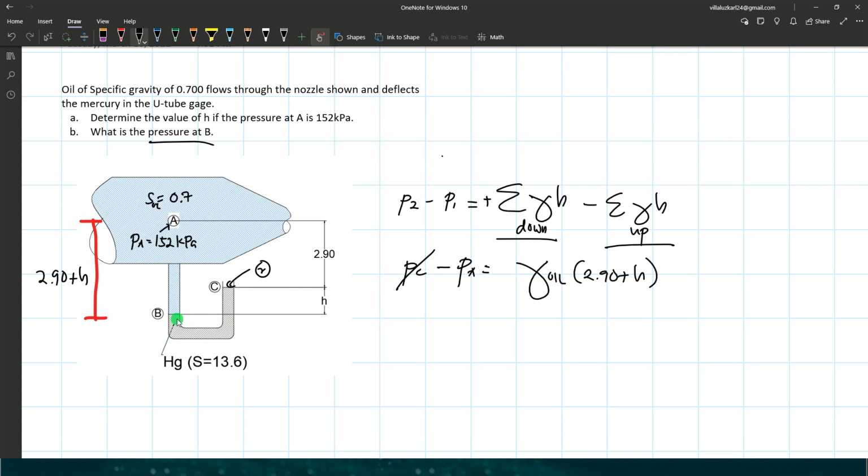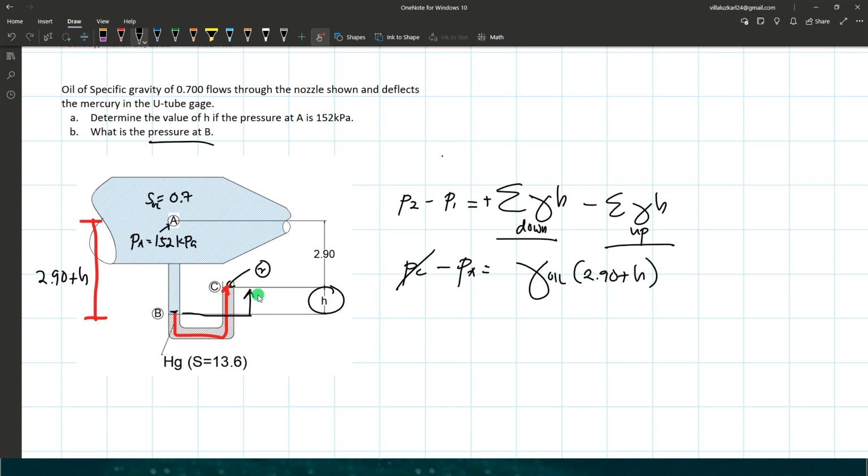From point B going to point C, we have a difference in elevation between the starting point of the mercury and the end point of the mercury at point C. Just take the difference in elevation between the two, which is H. The direction here is upward.